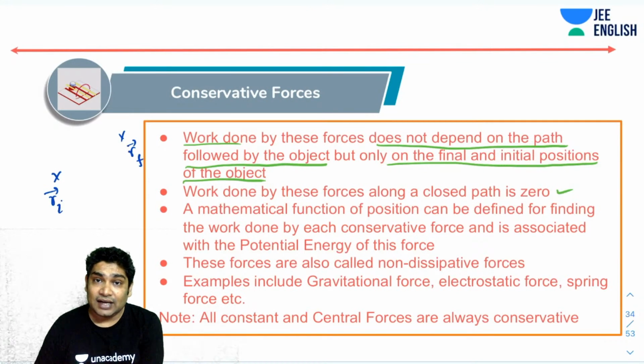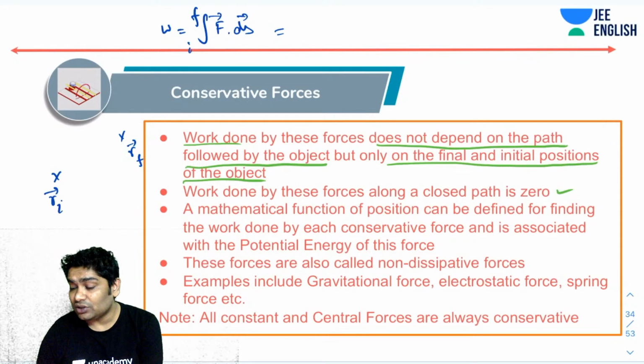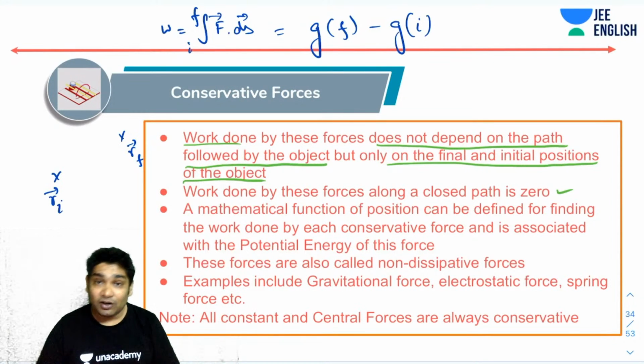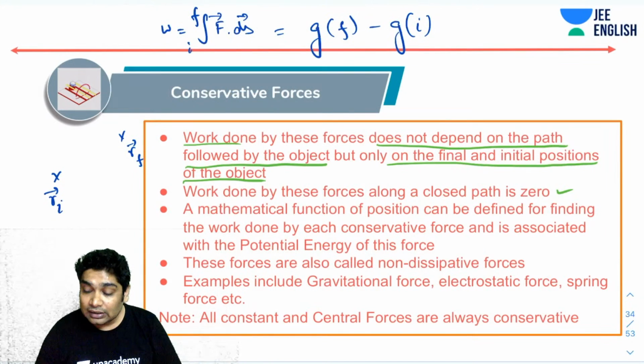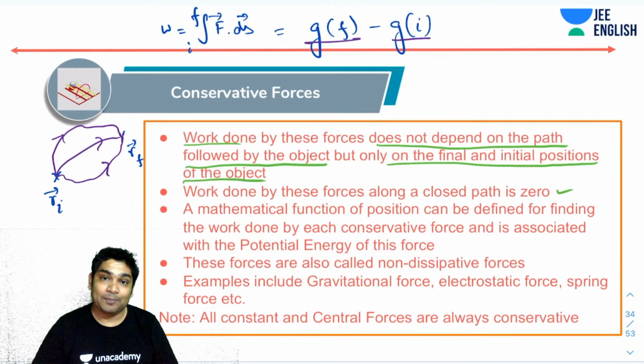You realize that work is defined as the integral of F dot ds, so obviously an integral from initial position to final position. Integration gives you some function g(f) minus g(i). If this integration is independent of the path, what does that mean? Whether you take this route or this route or this route, you should always get the same mathematical function.